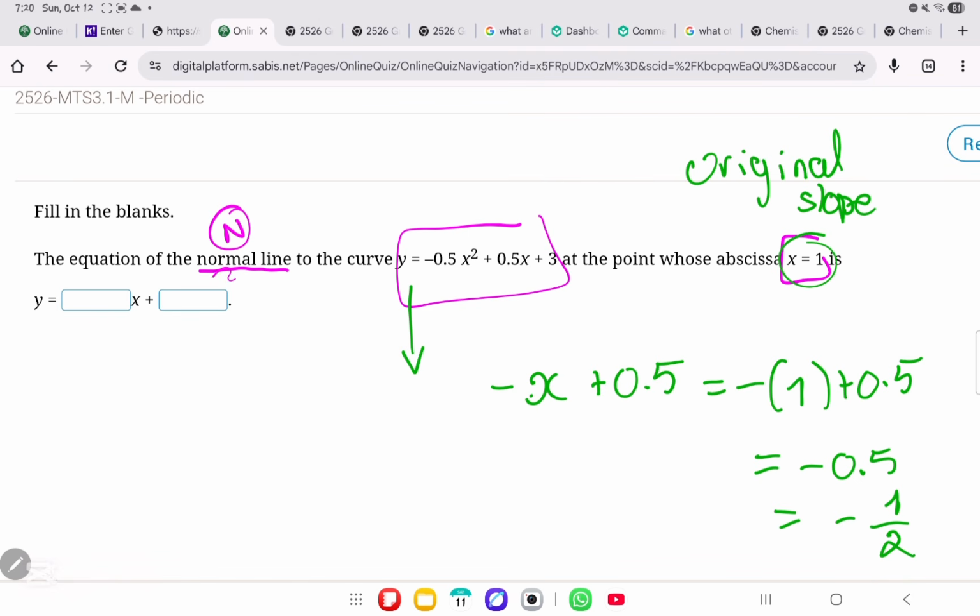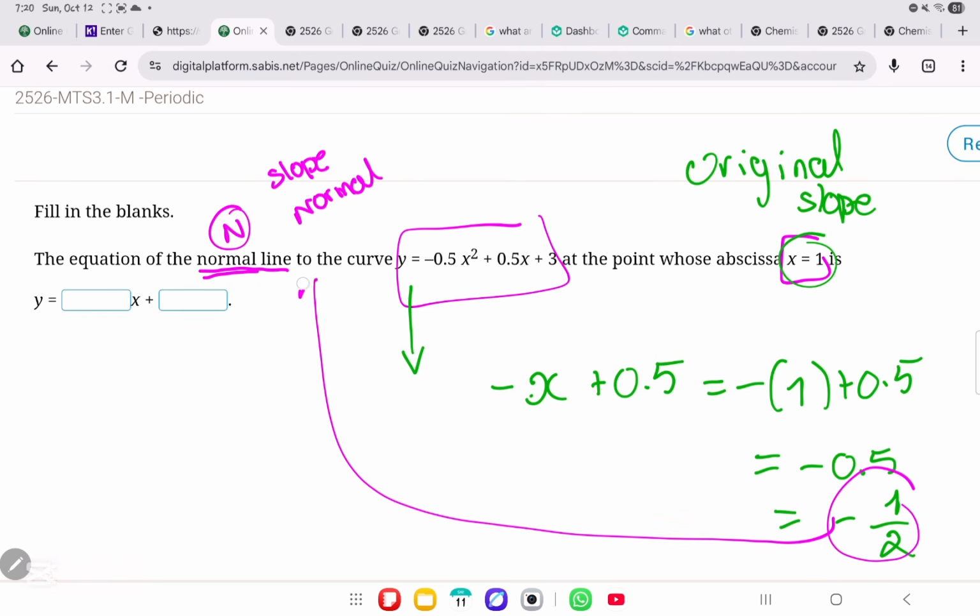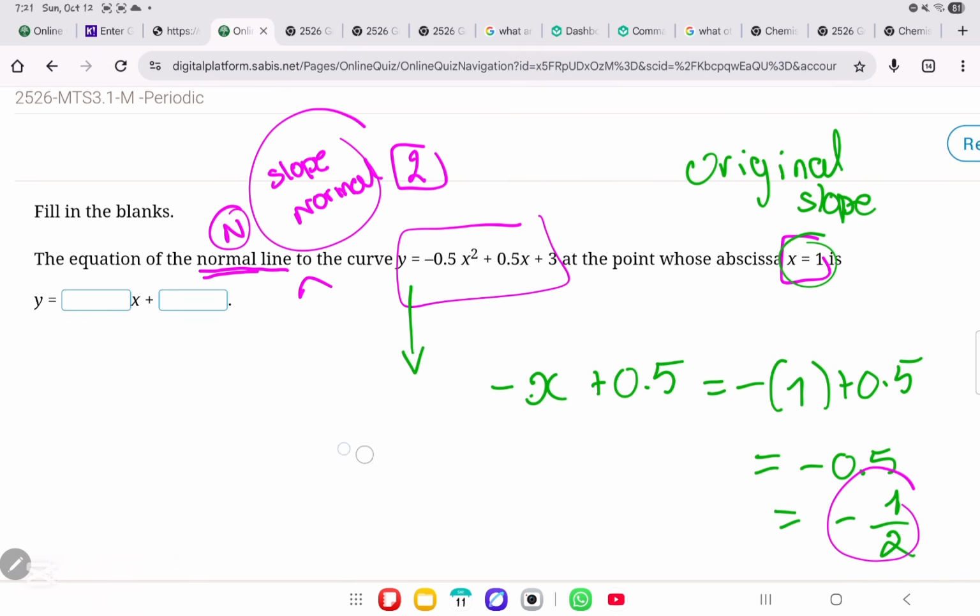Now they want the normal line, so we need to find the slope of the normal. How do we find it? We take the original slope and take the opposite and reciprocal. Or, very simply, you can do minus 1 divided by minus half on the calculator, and you will get the value of the normal slope, which is 2.